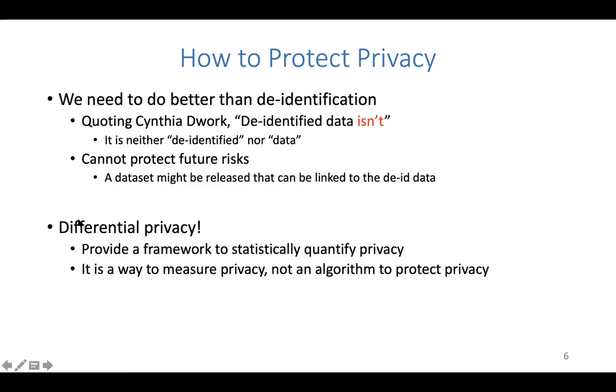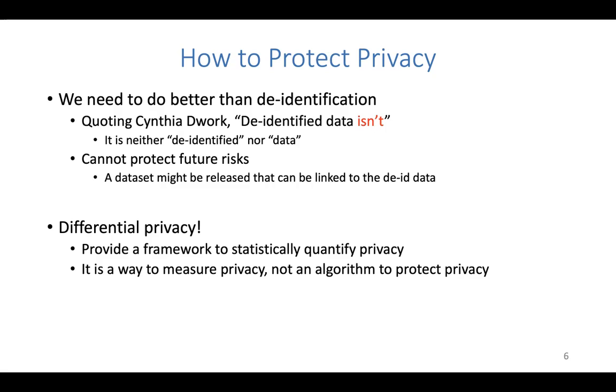So enter differential privacy. Differential privacy provides a framework to statistically quantify privacy. You can measure the privacy risk, and it is a way to measure privacy, not an algorithm to protect privacy. Some people might be confused when they hear the word differential privacy, they might think that it provides a method to protect privacy, but that is not the case.